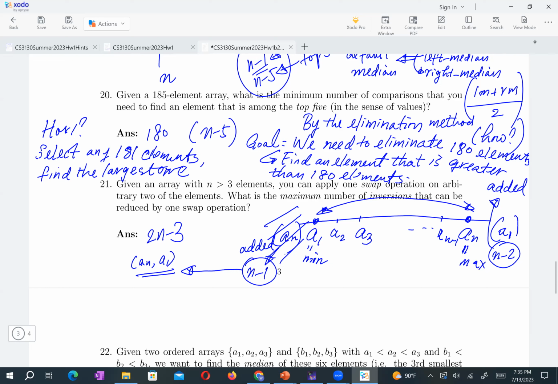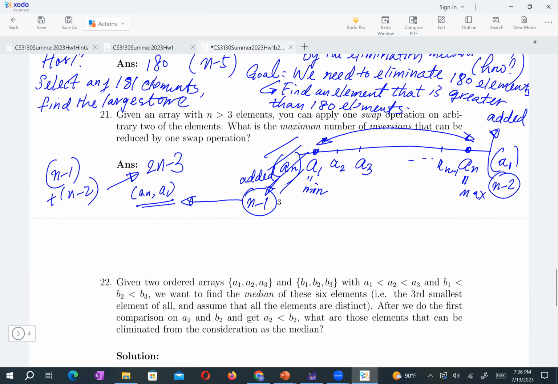Then you add these two, N minus 1 plus N minus 2, so your answer is 2N minus 3. That's how we get the answer. A1, AN, the extremal cases. Here we look at the extremal cases. But when you count, do not count the same inversion more than once. Be careful on that.